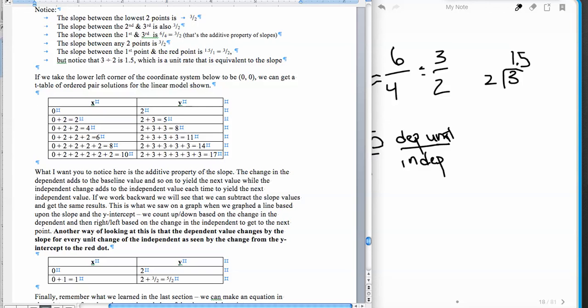Now, looking here, what we're seeing is that additive property, and we're seeing it in a different way with the ordered pairs. If I take that coordinate system above there to be 0, 0 in my lower left-hand corner, I have my first ordered pair at 0, 2. And then if I add 2 to that, I get my next x coordinate, and if I add 3 to that, I get my next y coordinate.